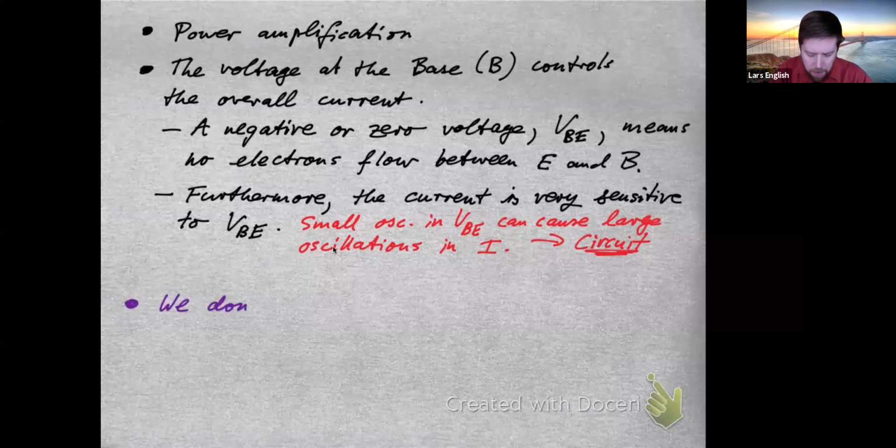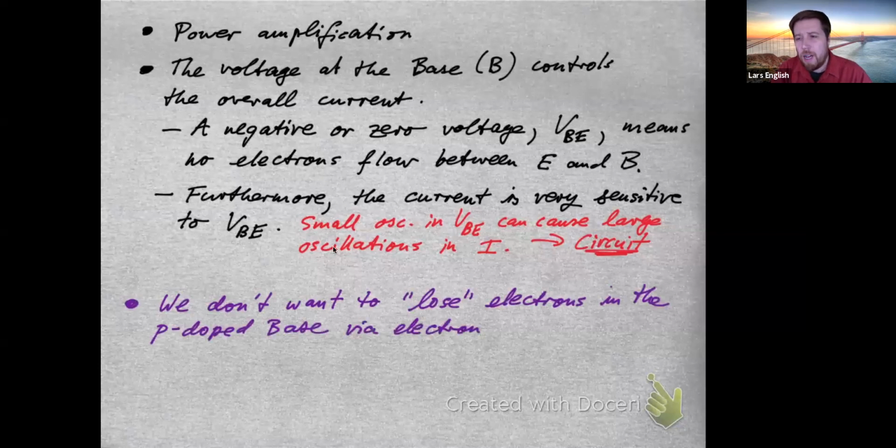So we can say that another consideration here, just as part of my remarks, is that we don't want to lose electrons in the base, which is p-doped, right? The p-type semiconductor, via electron hole recombination. We really want these electrons to just continue into the collector.